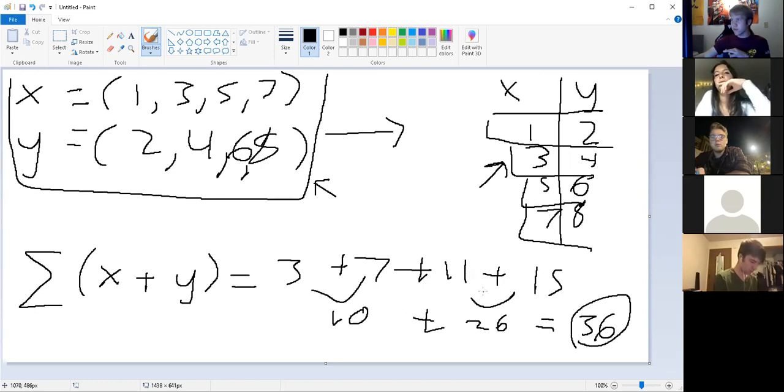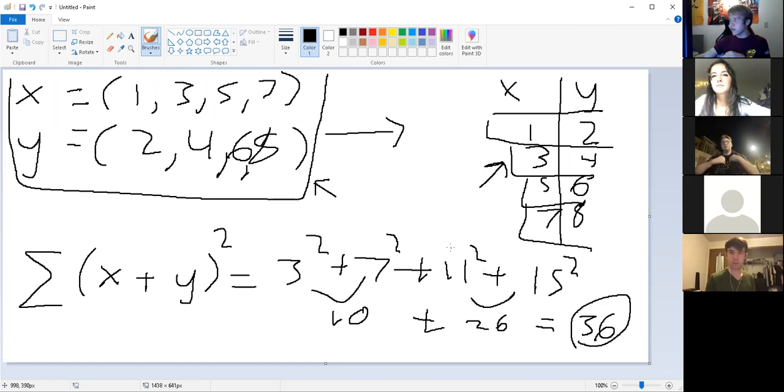So if that summation was squared, then all of those values would be squared and then added together. If the square was outside parentheses, away from the whole summation, you would square the 36. Is that what you would do?